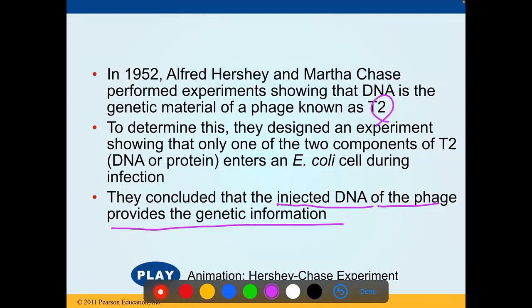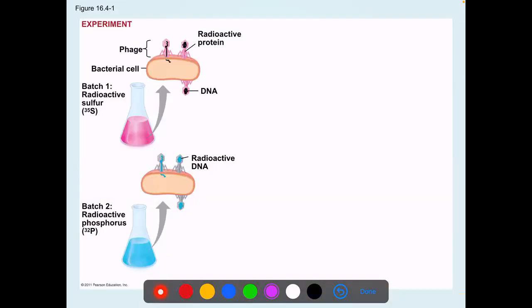Okay, so let's go. They have two batches of experiment. In one batch, they somehow labeled the phage with S35, radioactive sulfur.